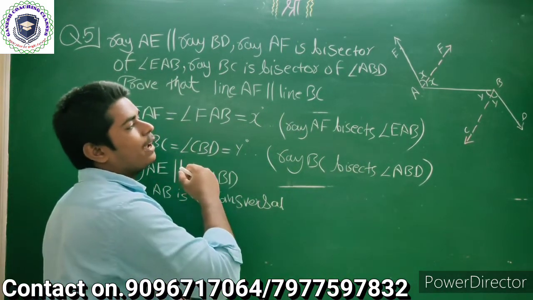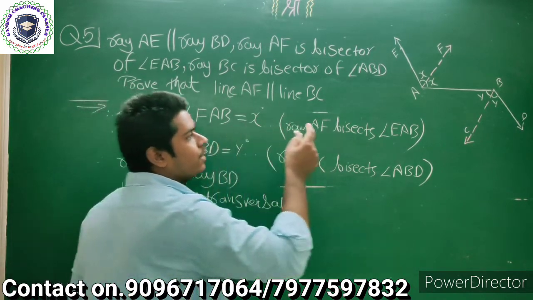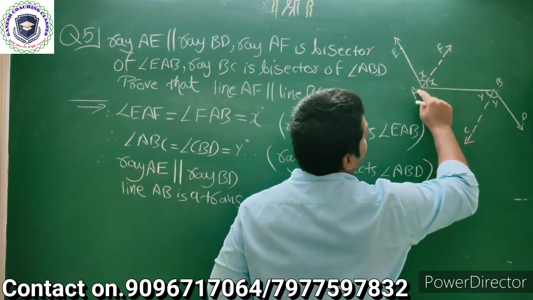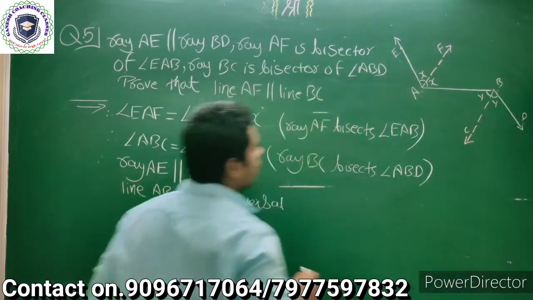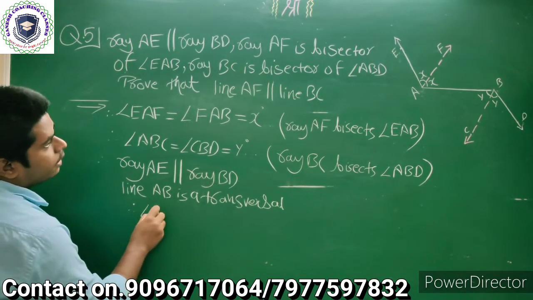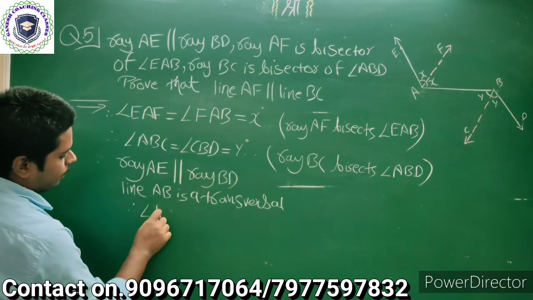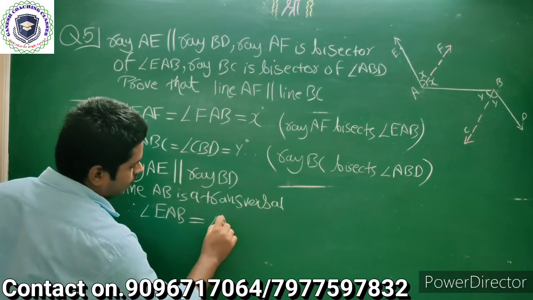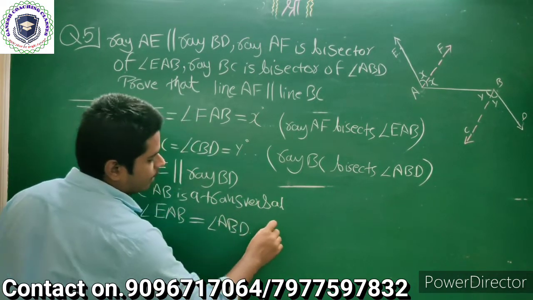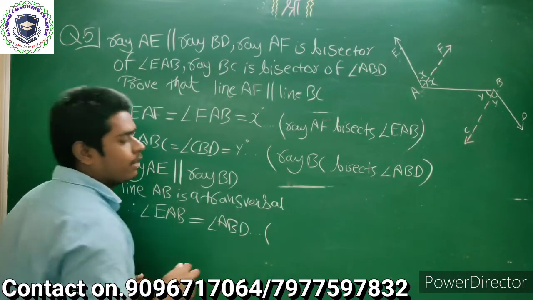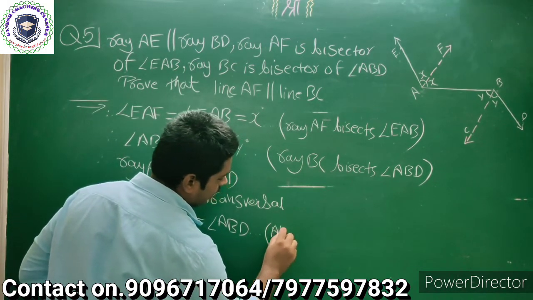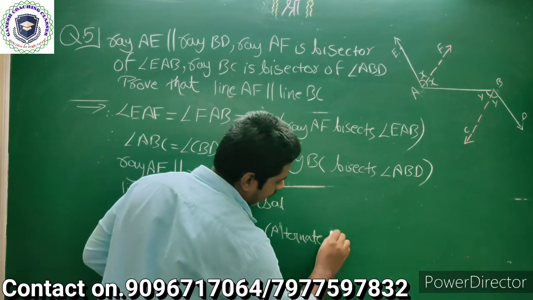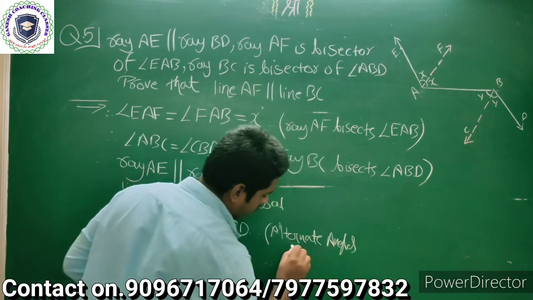Which angles are inscribed in that Z shape? Angle EAB and angle ABD. So angle EAB is equal to angle ABD. By which property can we write this? By the alternate angles theorem.